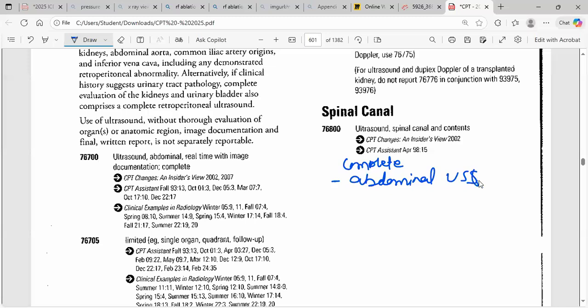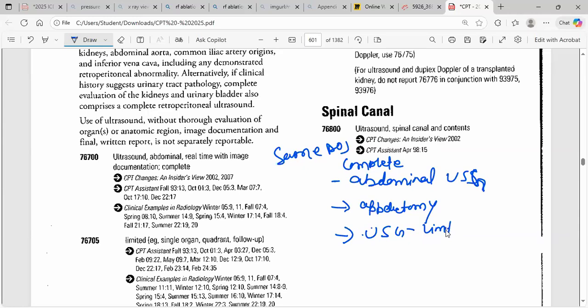On the same date, the doctor did the complete ultrasound, and after the ultrasound, the doctor removed the appendix, so performed the appendectomy, and after the appendectomy, he again did an ultrasound on the same date of service. It should be on the same date of service, okay? So on the same date of service, same session, the doctor again did the ultrasound to review the appendix. So it is a limited ultrasound for the abdomen itself.